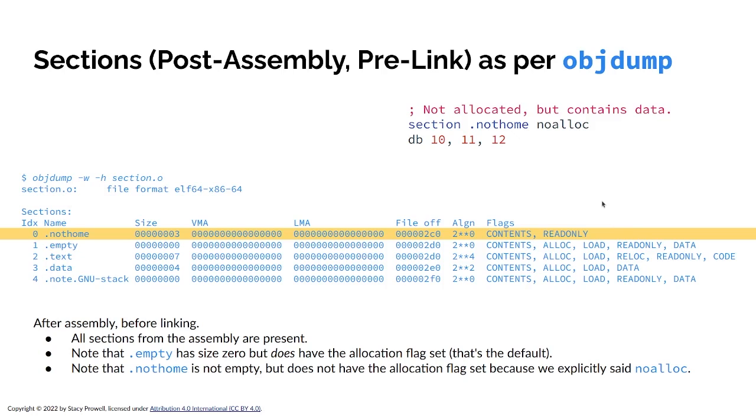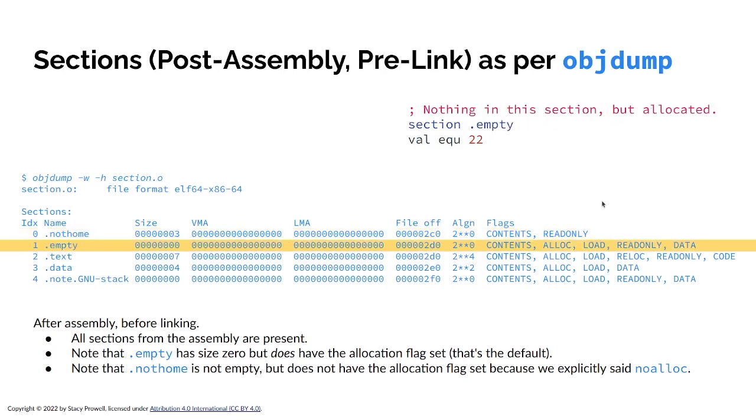So it's not going to get allocated. Here's empty. Empty has size 0. There are no bytes making up empty. It's at 2D0. Since there are no bytes, you'll see the next section starts at the same location. And it has alloc and some other flags in here.